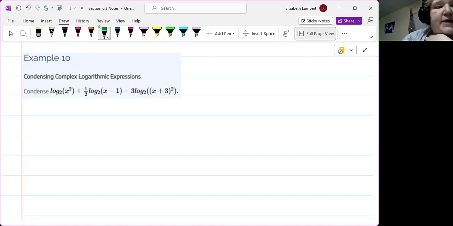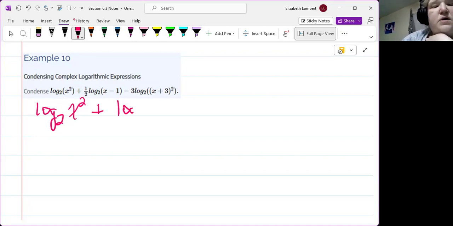All right, so first step, not changing too much, plus log base 2 of x minus 1 to the 1/2 power. And then I'm going to go ahead and leave the minus.